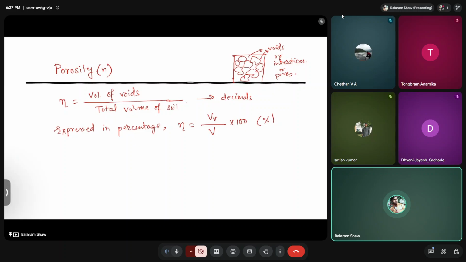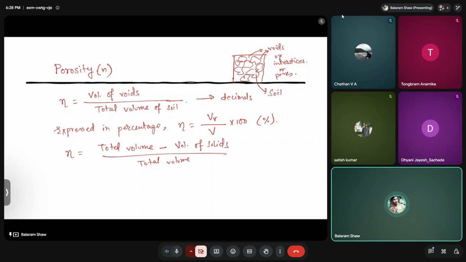Now, let's say if you don't have volume, you can express this in the form of density also. So you can write the volume of voids as the total volume minus the volume of solids, right? In this layer, if you consider the top, which I have drawn here, we have two things. First one is the soil particles, and the other one is the voids.